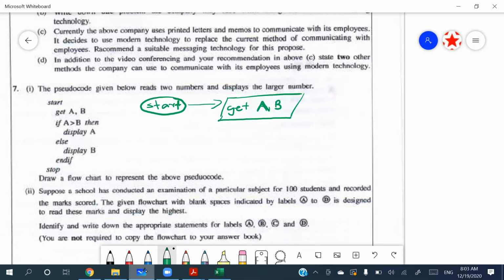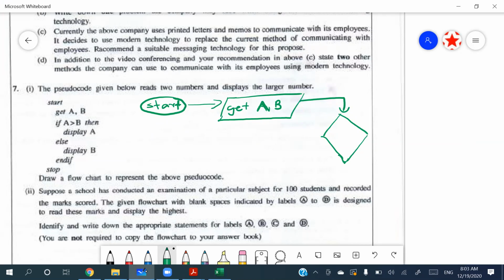So start, so get A comma B, so that's going to be the input. Then you are going to use what? A selection. So in the pseudocode, in the flow chart, it's going to be a diamond shape, regardless of a repetition or a selection.